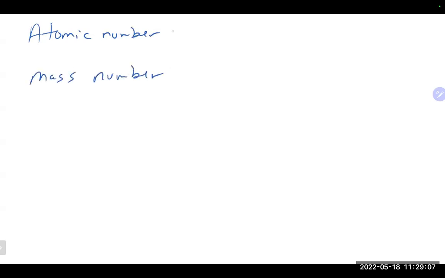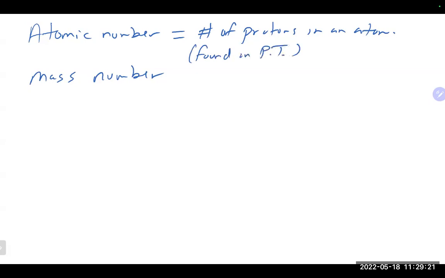The atomic number is the number of protons in an atom, and that can be found on the periodic table, right? And that is the number when we look on the periodic table above the symbol. That is our atomic number that we find.